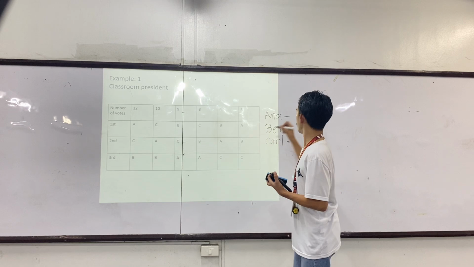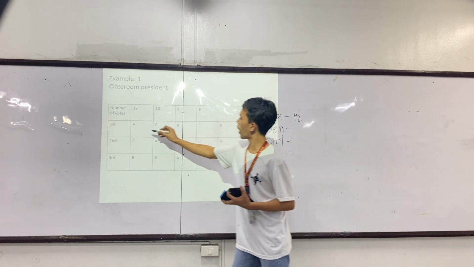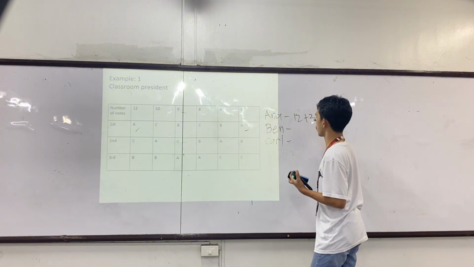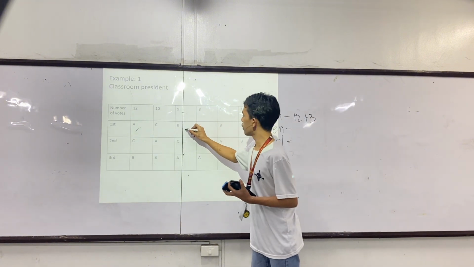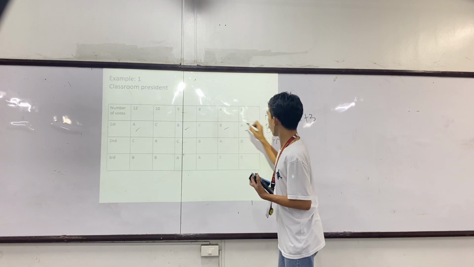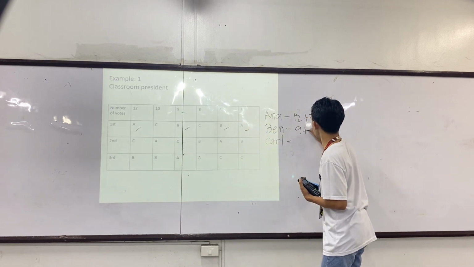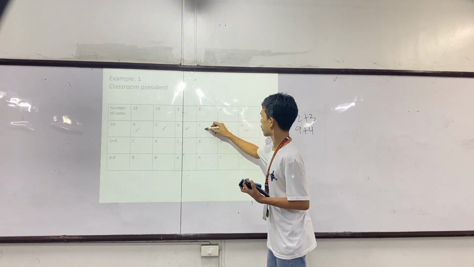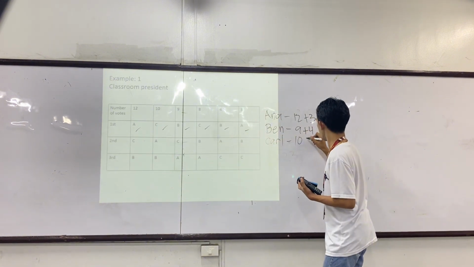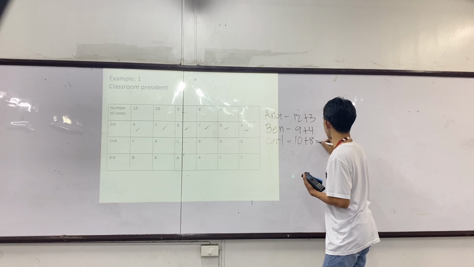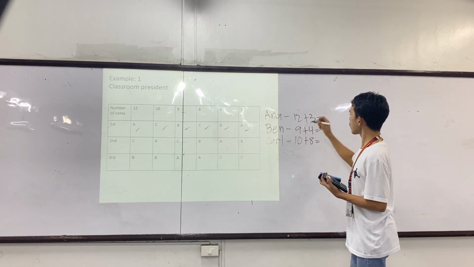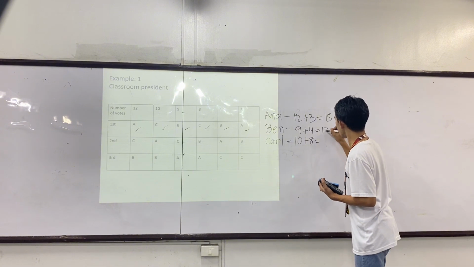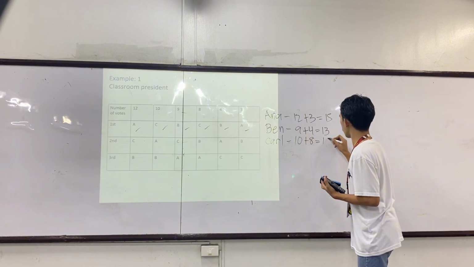Anna received 12 plus 3. Ben received 9 plus 4. And Carl received 10 plus 8. So Anna gets 15 votes, Ben gets 13, Carl gets 18.